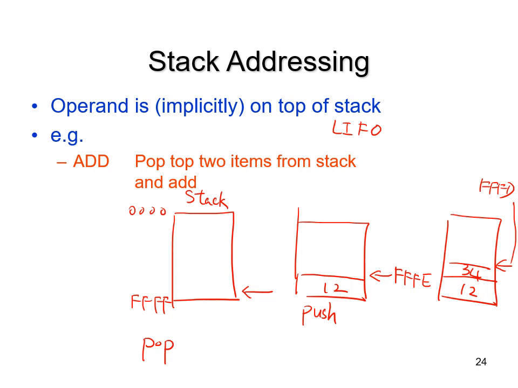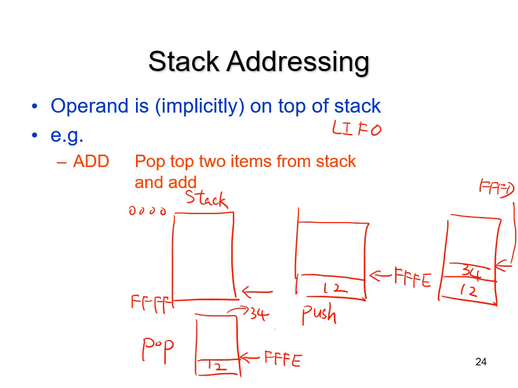The memory access will increase by 1. Therefore, if you issue the pop command, the stack memory will give out 34, and the stack pointer will return to FFFE. Now, here we have the stack addressing.